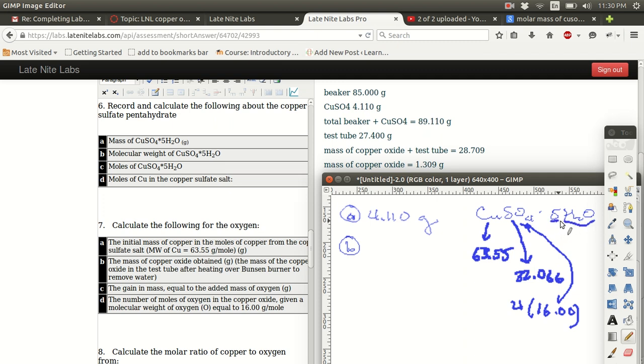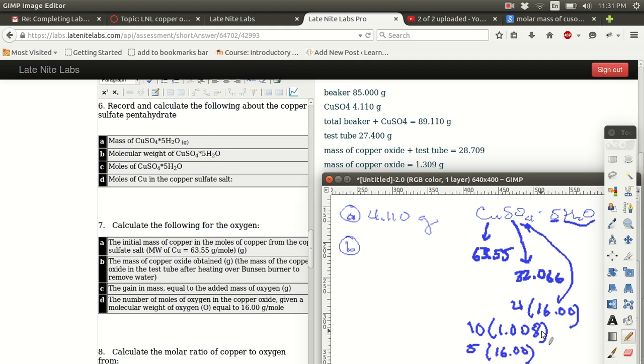That means 5 oxygen atoms, and 5 times 2, 10 hydrogen atoms. So that's going to be plus 10 of the hydrogen, which is 1.008 grams per mole, plus 5 of the oxygen again, which is 16.00.